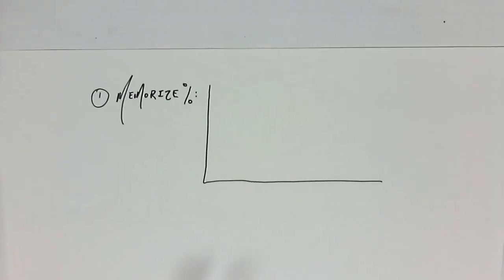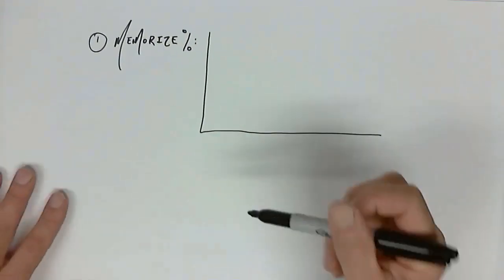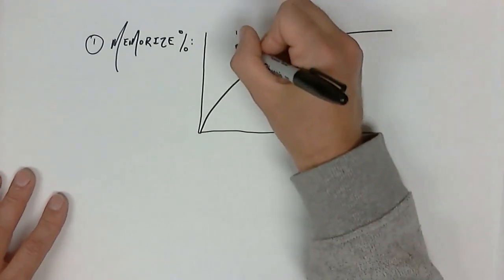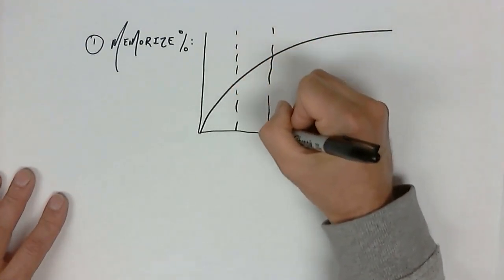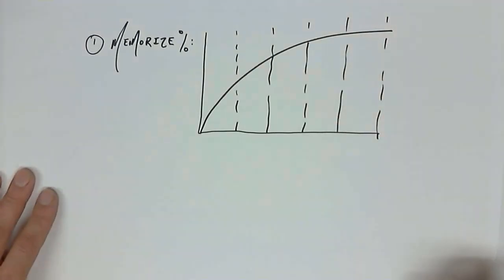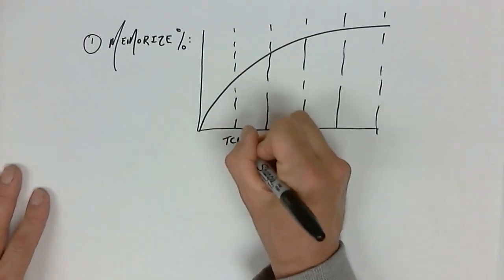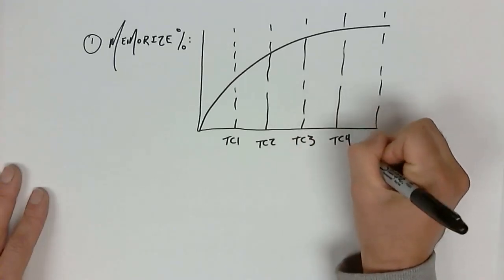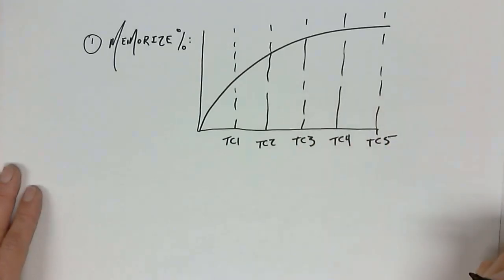So let's first look at this one. The first method you could use is your old noodle, memorize. And what you're going to memorize is percentages. So we have time constant 1, time constant 2, time constant 3, time constant 4, and time constant 5.